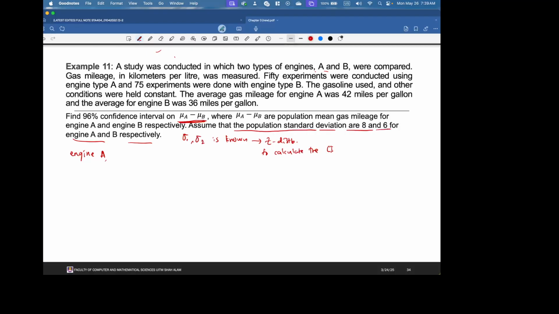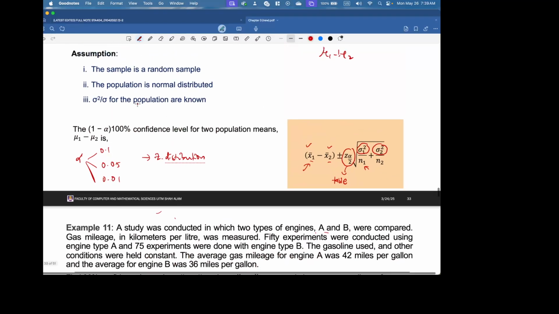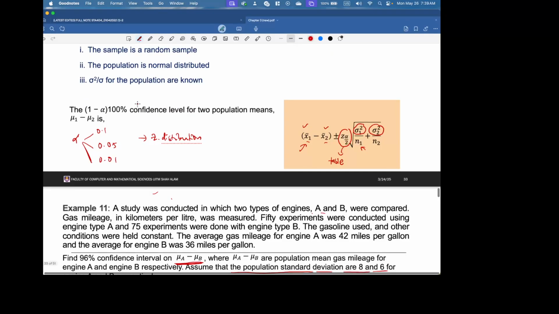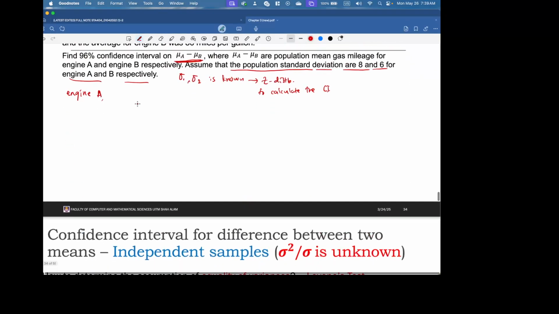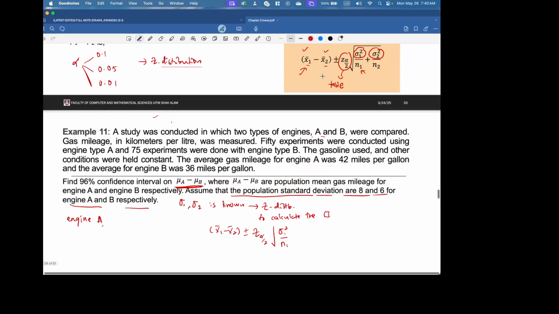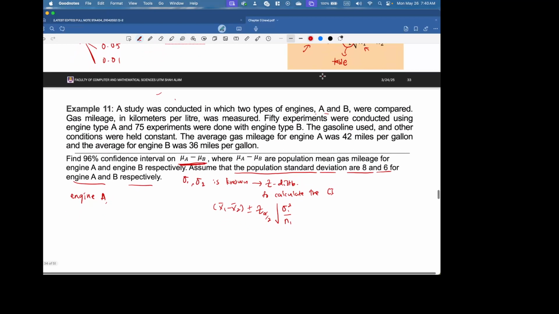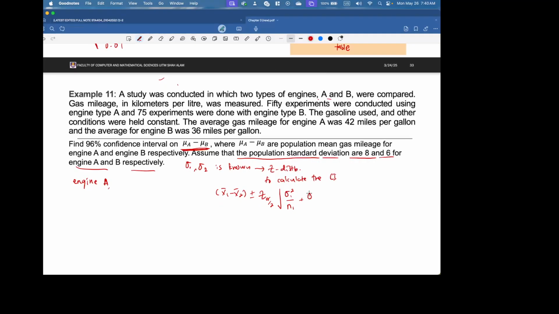For this particular formula, you refer back to your list of formulas. The formula that we will use is x bar 1 minus x bar 2, plus minus z alpha over 2, square root of sigma square 1 over n1 plus sigma 2 square over n2.